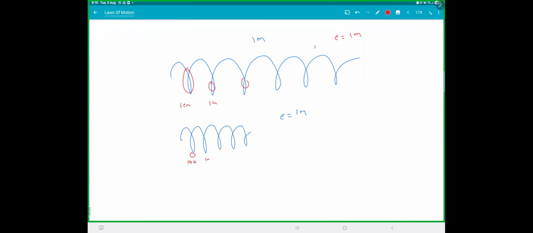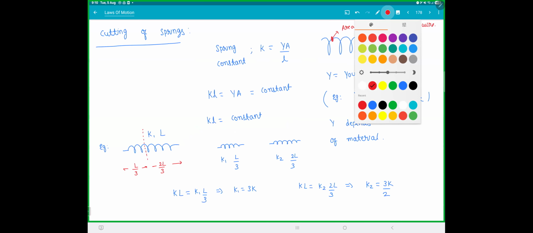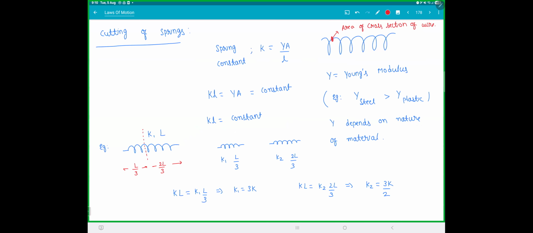The wire will get stretched much more than a normal thing. So the spring suddenly becomes much harder to stretch. So for now, just take it like that. We have a chapter called elasticity. We will handle there in more detail. But for now, I'm more interested in this result here. K into L is constant. If you cut a spring, K into L will remain constant, where K is the spring constant and L is the length of the spring.